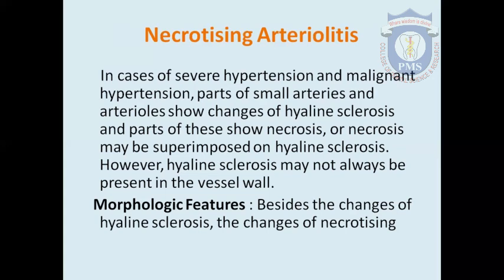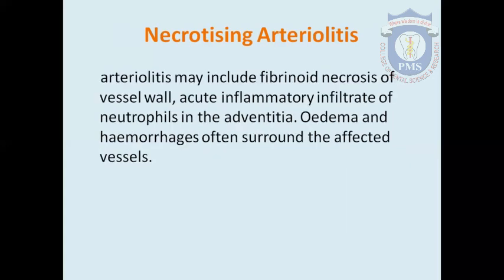Morphologic features. Besides the changes of hyaline sclerosis, the changes of necrotizing arteriolitis may include fibrinoid necrosis of vessel wall, acute inflammatory infiltrate of neutrophils in the adventitia, edema and hemorrhages often surround the affected vessels.